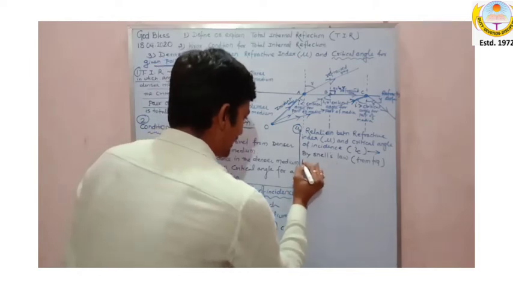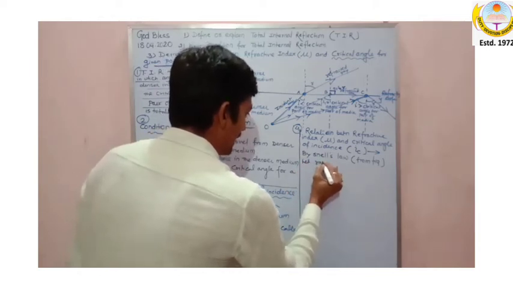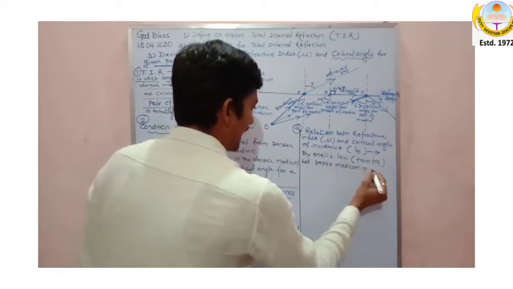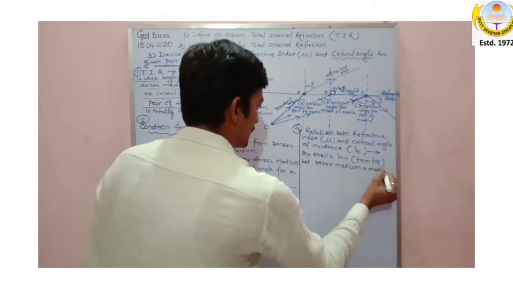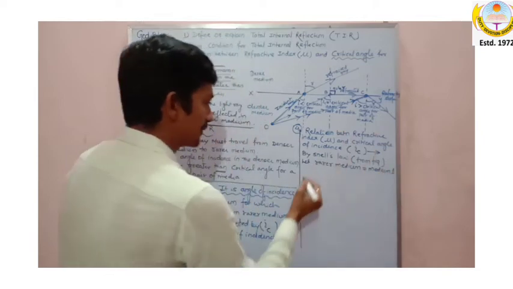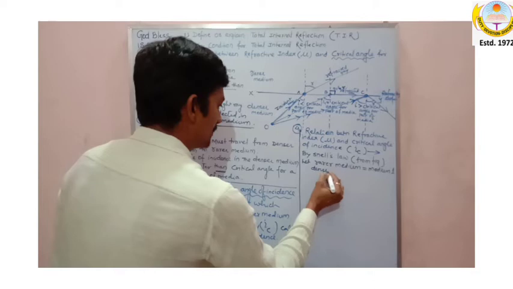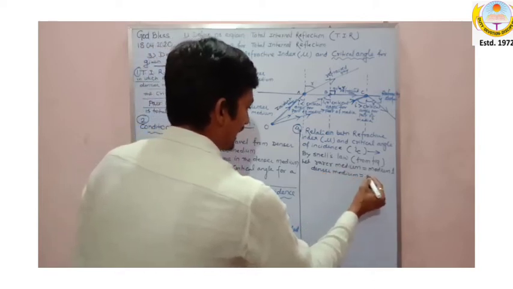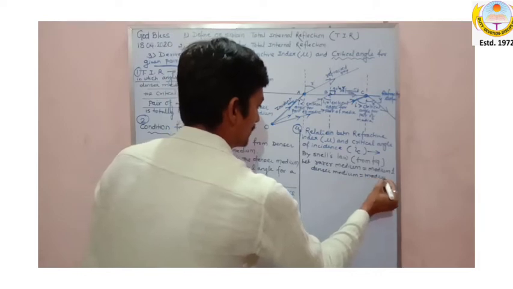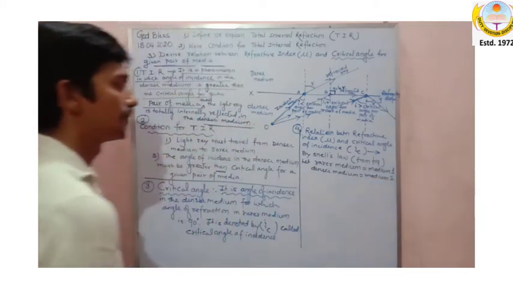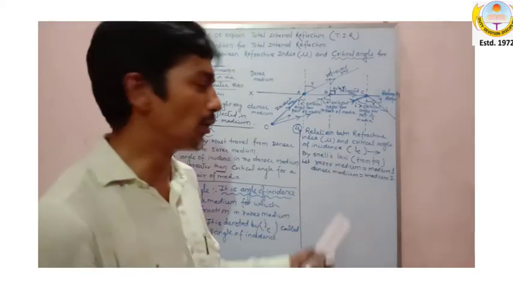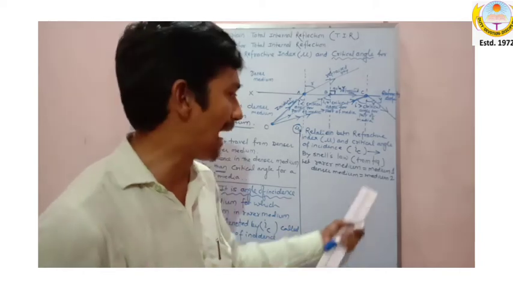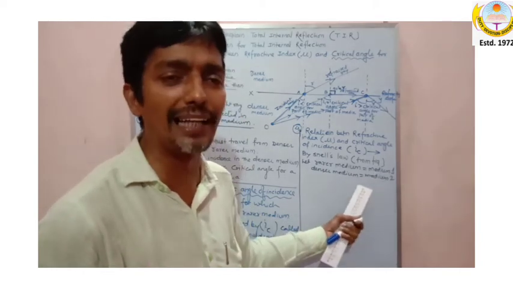Let the rarer medium be taken as medium 1, and the denser medium be taken as medium 2. That is my supposition. You can say rarer medium as R also and denser medium as D also, but I assume the rarer medium as medium 1 and denser medium as medium 2.